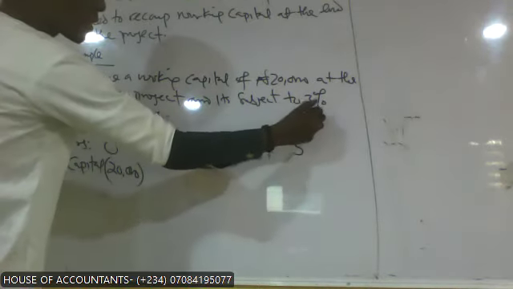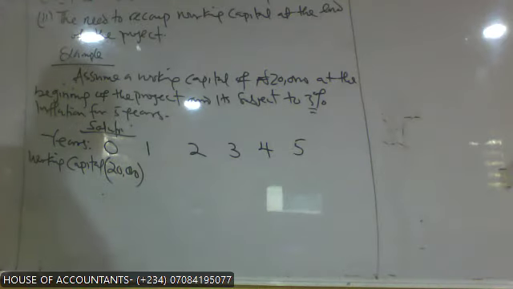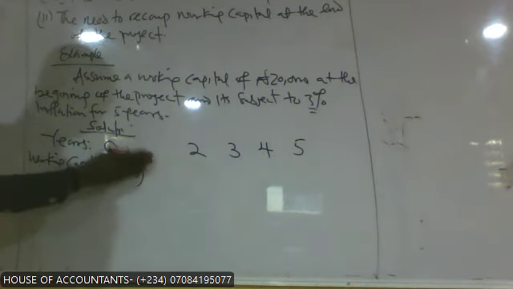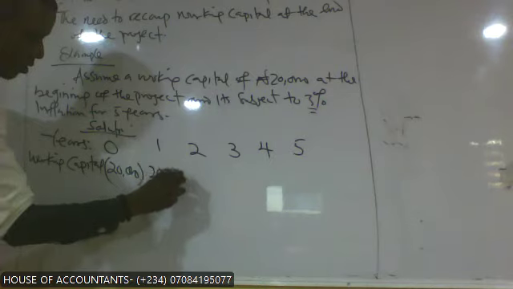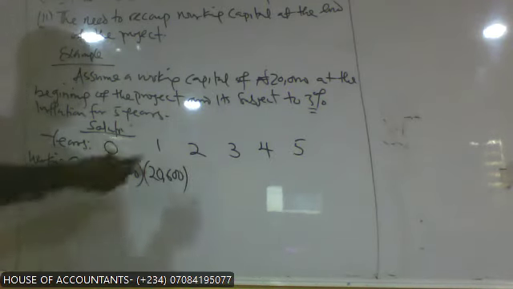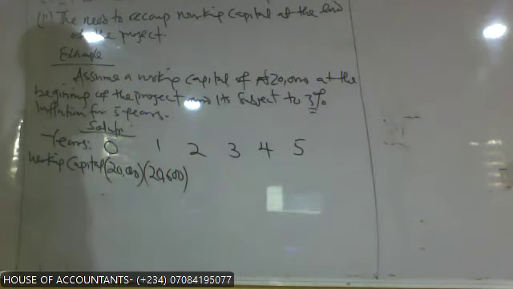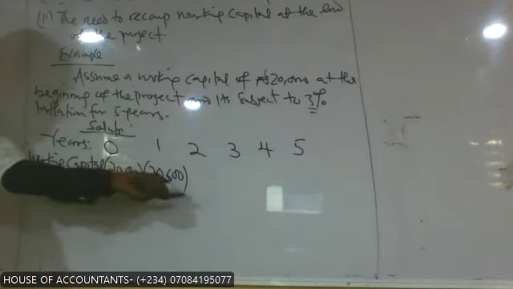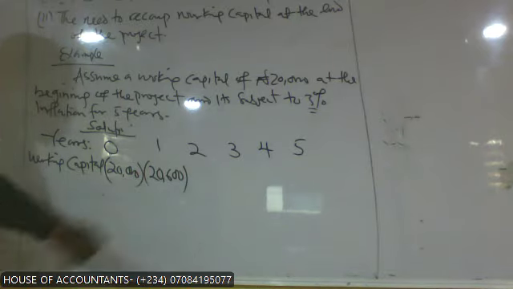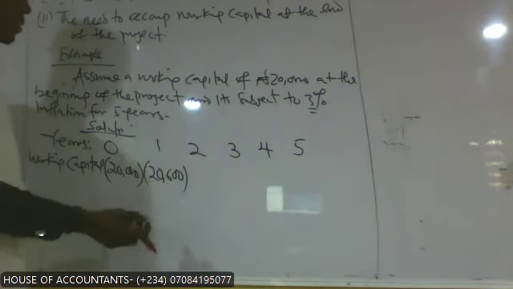It's going to be 20,600. What we are getting now is the total. If you have 20,000 in year zero and it's subject to 3% inflation, the total is 20,600. In year two, what is going to be?